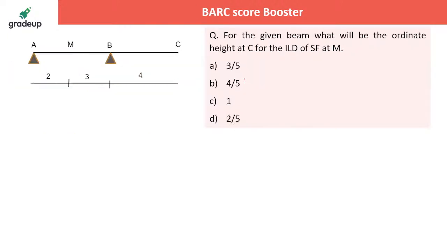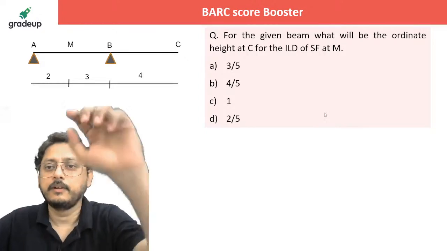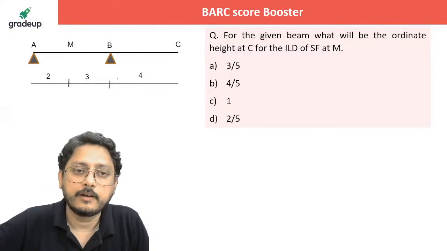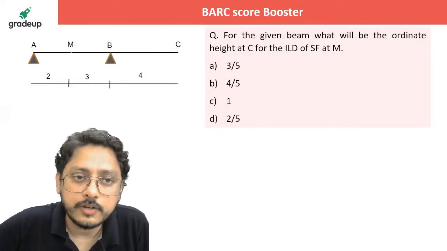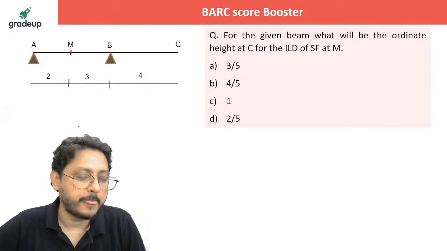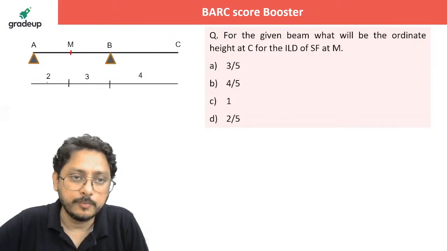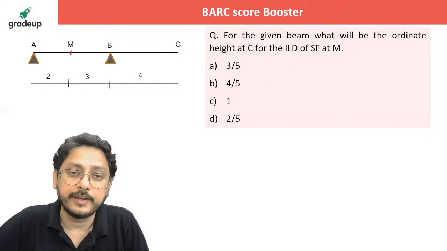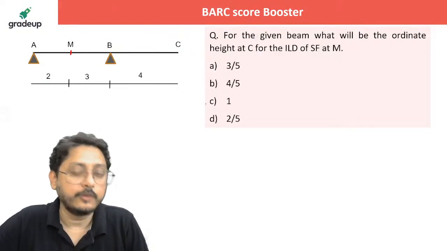Did you get that? Now tell me, for the given beam, what will be the ordinate height at C for the ILD of shear force at M? If you have to draw the shear force ILD, shear force at M, it is at a 2 meter distance from the support A. First of all, if he is asking about the ordinate, can you calculate this one?